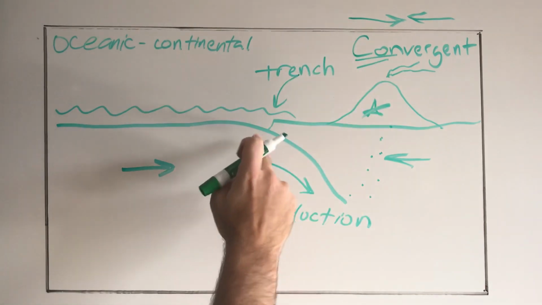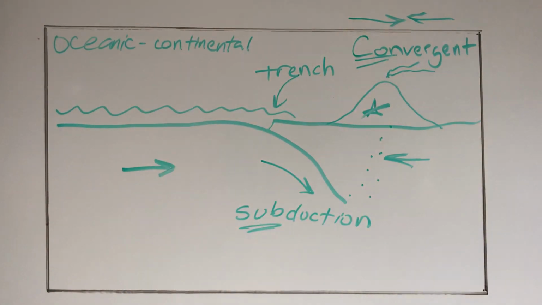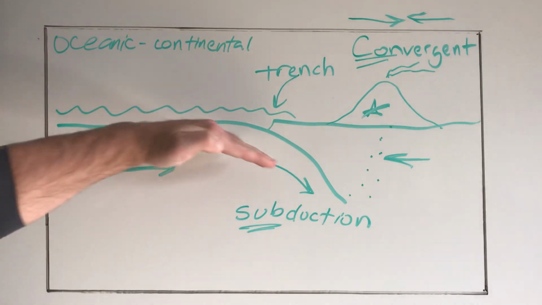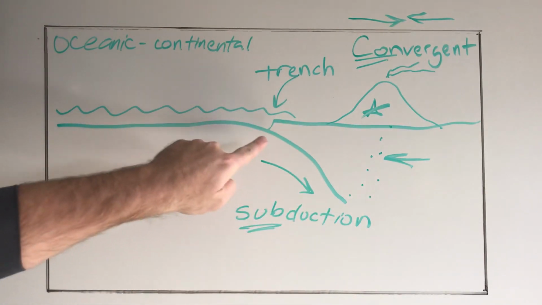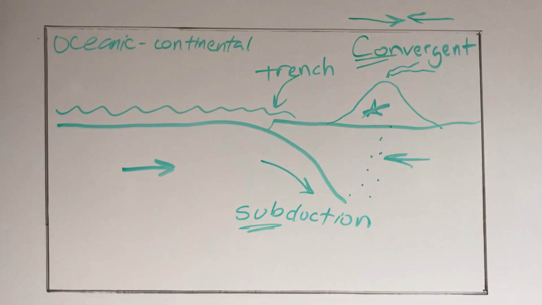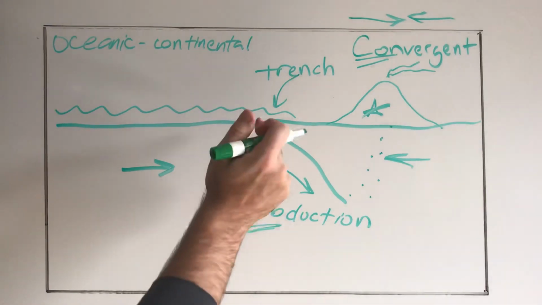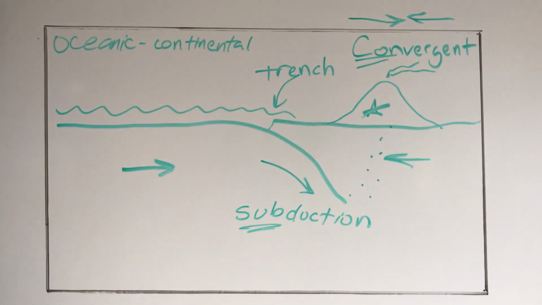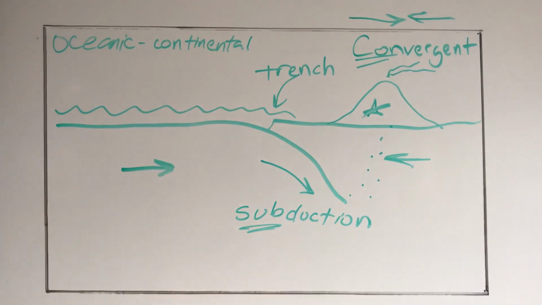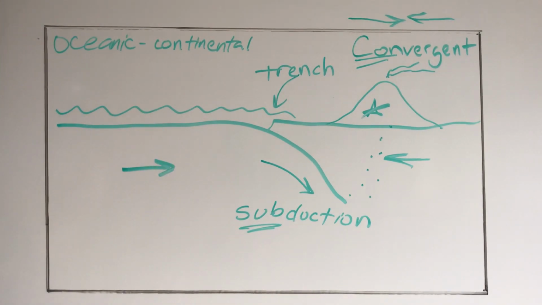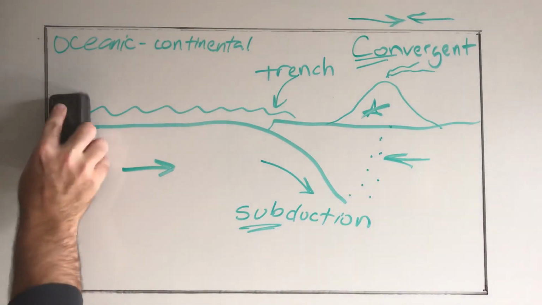This is that pinch zone where the oceanic crust is pulling on the continental crust a little bit as it is subducting, and you'll have that trench. In the drawing, it looks like it's small, no big deal, but in reality, we know that those can be 2-3 miles deep. So that is your oceanic continental convergent boundary.